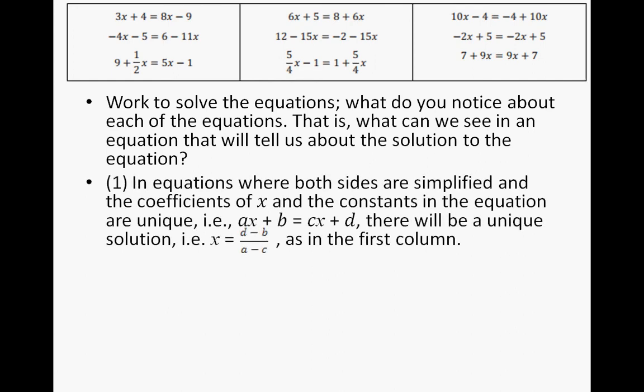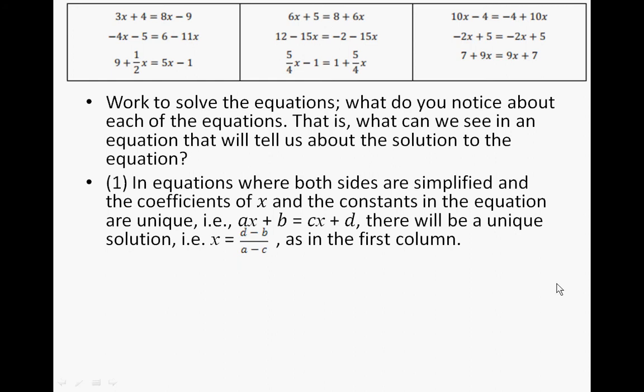Right, so for equation 1, where both sides are simplified, the coefficients of x and the constants in the equation are unique. For example, it is a times x plus b equals c times x plus d. Notice that every value, constant or coefficient, is different in every one of these equations.